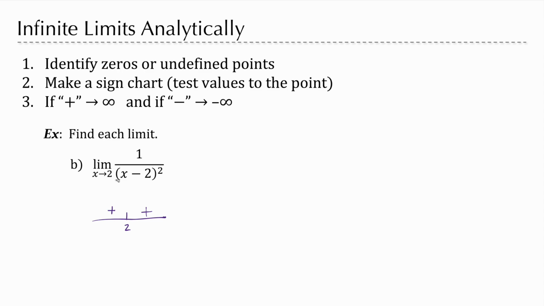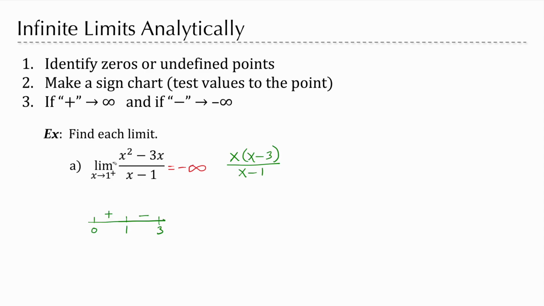So when we talk about that overall limit, since both left and right sides agree, on this one I can say, well, the behavior here is it's going to positive infinity. If I'd said, let's just do left or right, again, same answer here. If I go back to my previous example, if I was looking at the overall limit, it would be DNE, again, because the left and right sides are not the same.